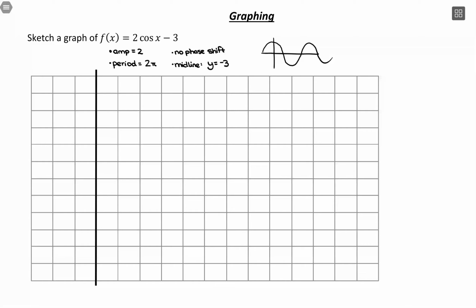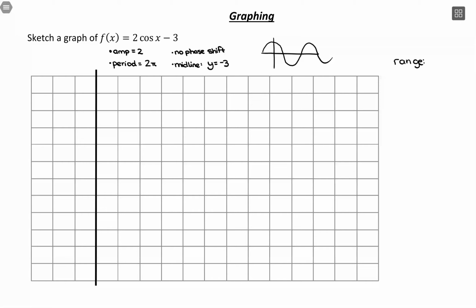Then determining the x-axis, and I mean basically where I want to put the x-axis. Do I want to put it here? Do I want it way up here? Do I want it down here? And with that, I'm going to look at the amplitude and midline. So my midline is at -3, so it's kind of low, and then I have an amplitude of 2. So using those two values together, I have an idea of the possible outputs of my graph. I could even describe the range of the graph at this point.